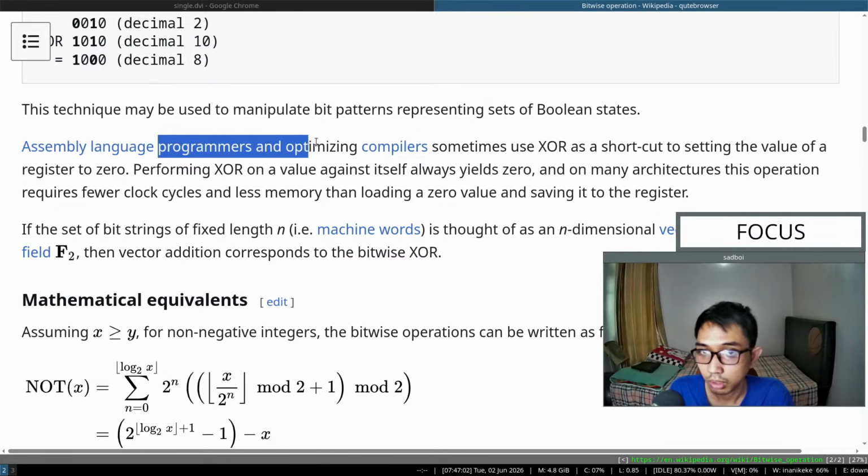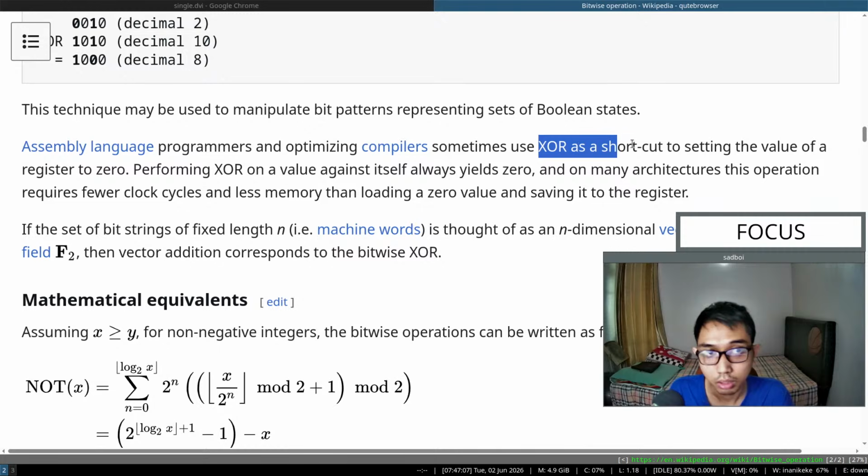Assembly language programmers and optimizing compilers sometimes use XOR as a shortcut to setting the value of a register to 0. Oh, okay.